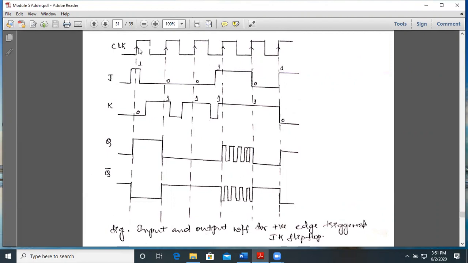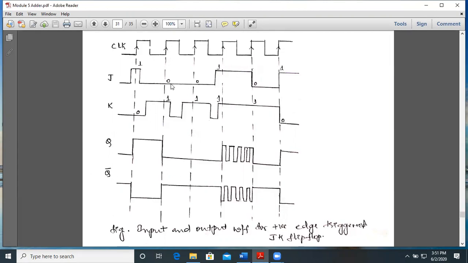Here at this particular instant, J is equal to 1 and K is equal to 0. If J is equal to 1, we are going to get the set state. So for this complete clock signal, our Q output is 1, because J is 1. Now look at the second one.